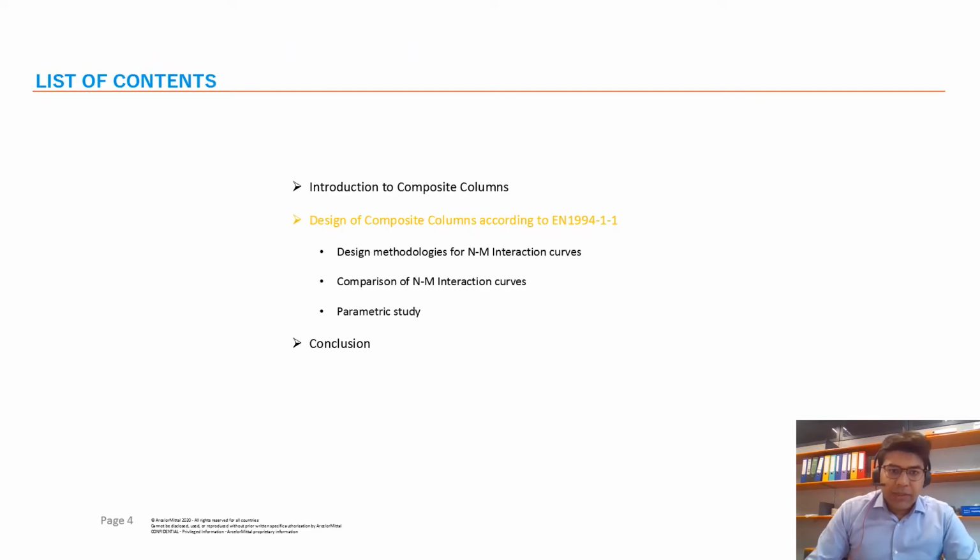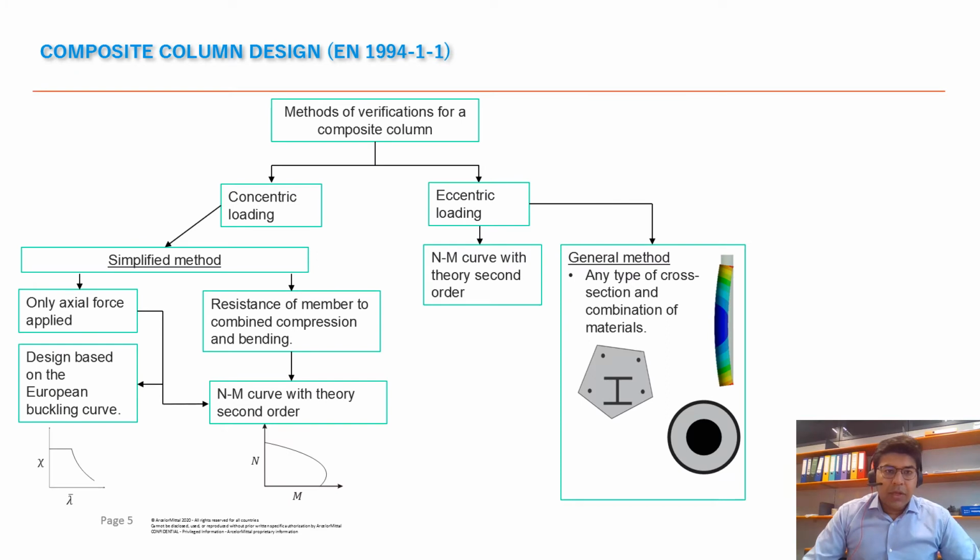So we'll look at some design methodologies in Eurocode 4, how to design composite columns, and which approaches are available. In Eurocode 4, different verification methods are possible, depending on the type of loading. In this case, on your left, under concentric loading, a simplified method can be followed.